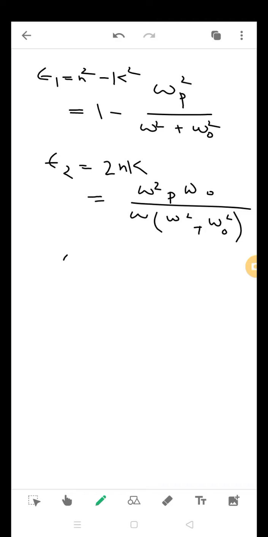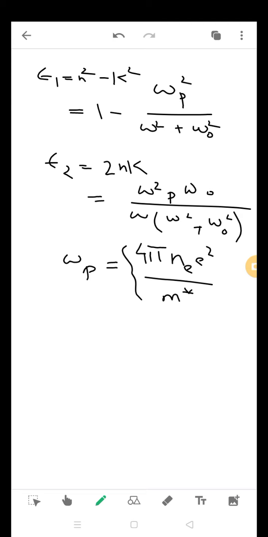where omega p, the plasma angular frequency, is 4 pi N e square divided by m star, to the power 1 by 2, and this is in free space.